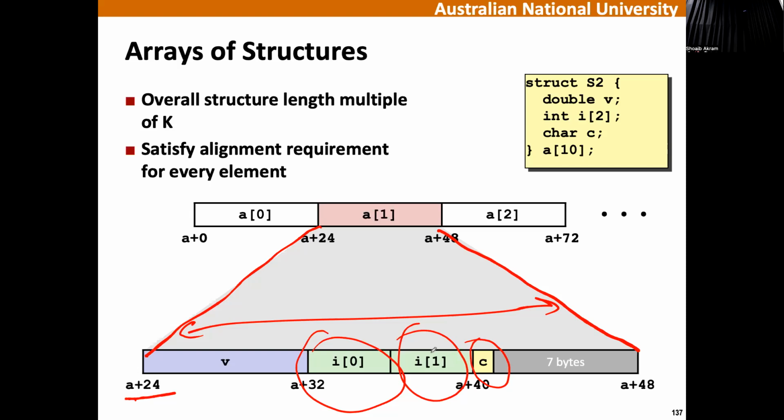Could the compiler implicitly, or secretly, reorder the structure?